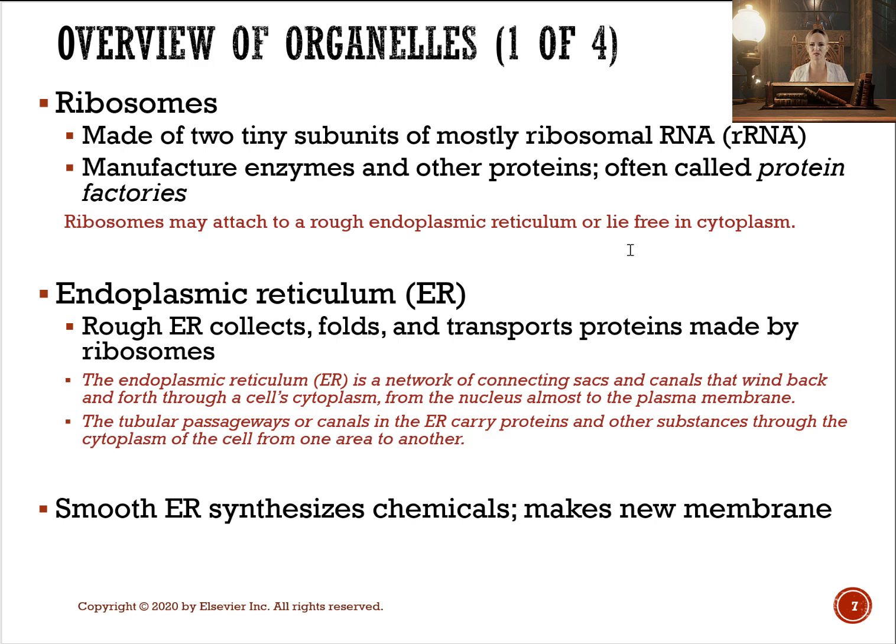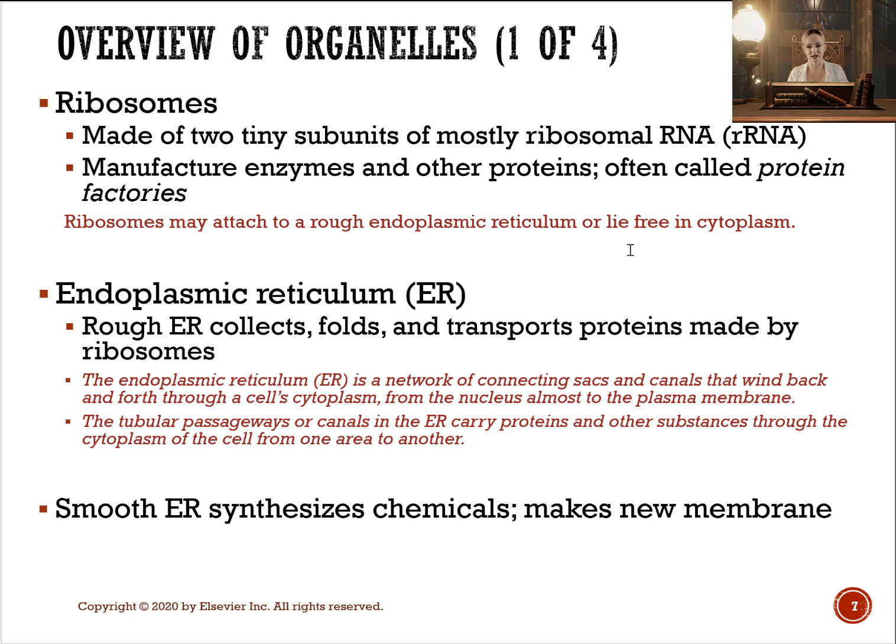So the ribosomes are these protein factories, and ribosomes may attach to rough endoplasmic reticulum or lie free in the cytoplasm. So, what is the endoplasmic reticulum, or referred to as ER? Rough ER collects, folds, and transports proteins made by the ribosome. So you can almost think of them as little carriers.